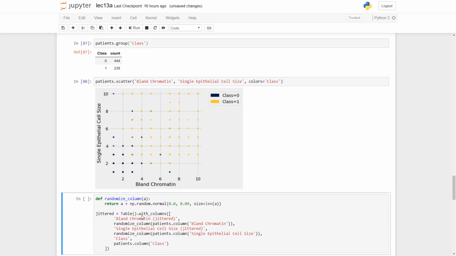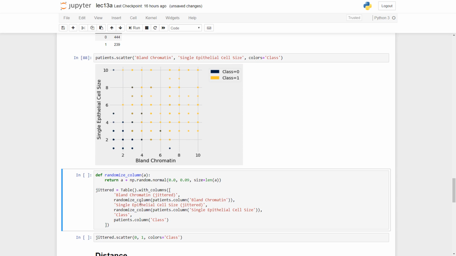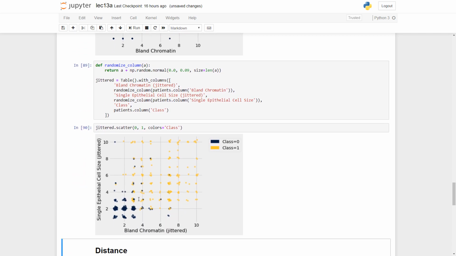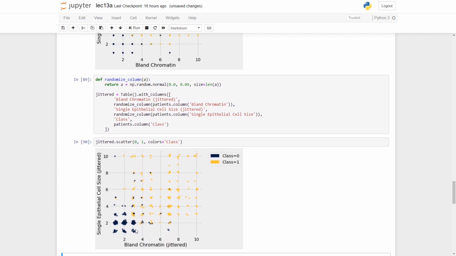So what we do is add some random noise to the points so that we can see them. Again, we don't worry about the code here, but we just add some random noise to each point so that it won't be exactly at the original point, so that we can see areas where multiple points overlap.